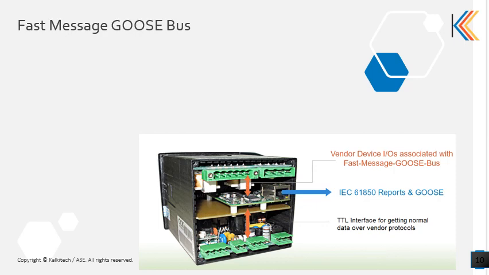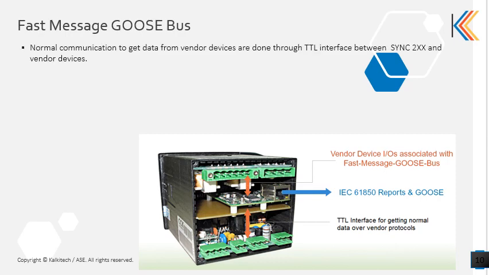So whenever there is a change, you can send it out as GOOSE, and whenever there is a GOOSE reception, we can set it on to the output directly to meet the timing requirement needed for GOOSE. So this is one of the key mechanisms which we support in the OEM module for meeting GOOSE timing requirements.